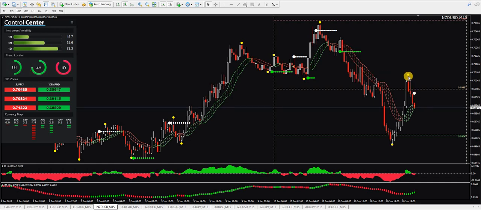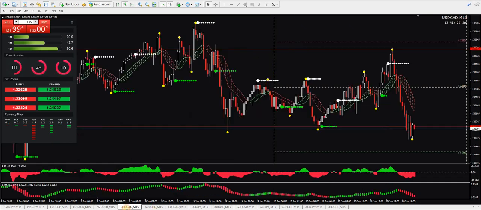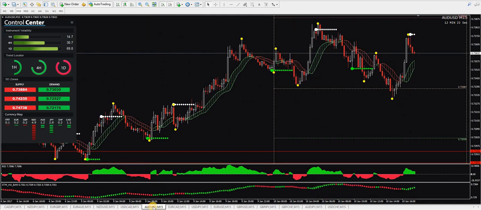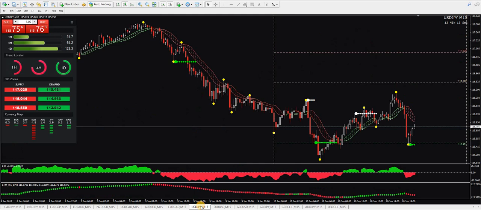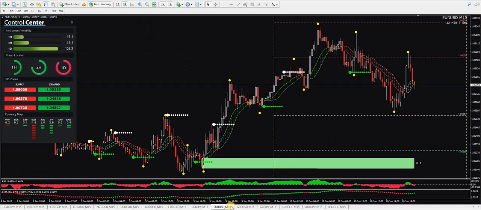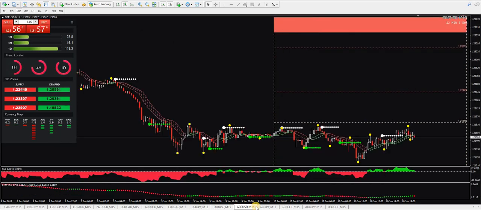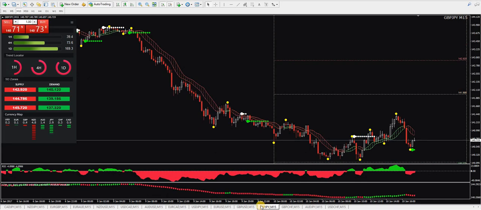All right, here we have a swing and a signal dot. Unfortunately, our higher time frames aren't lining up, so we're not going to look at that. All right, so as you guys can see, we have no potential trade setups yet.